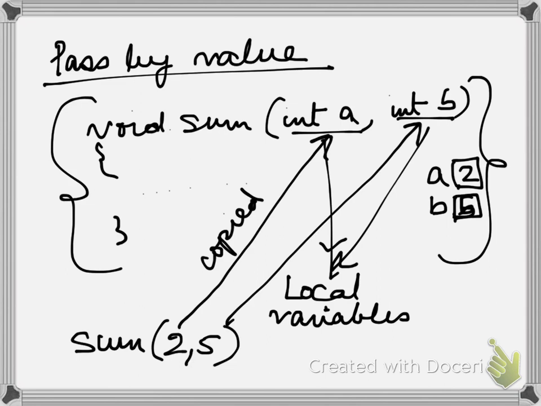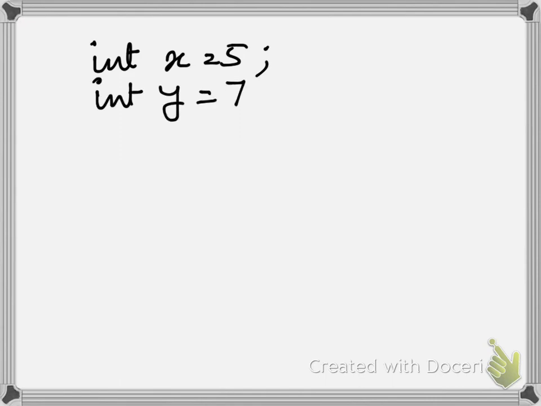Now just before I end here, one more thing, how we can call. I can also call sum like this. Let me have int x is 5, int y is 7.